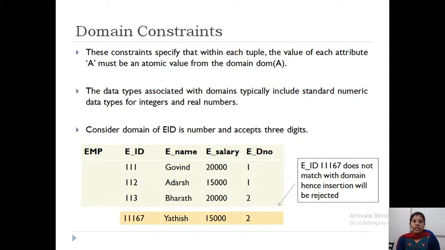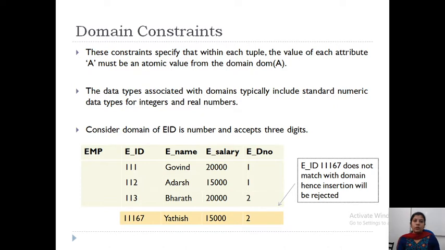In each tuple you have a number of attribute values, a collection of values of different attributes. Now how do you assign values to these attributes? You have to take the value from the permitted set of values for that attribute. That is nothing but the domain.